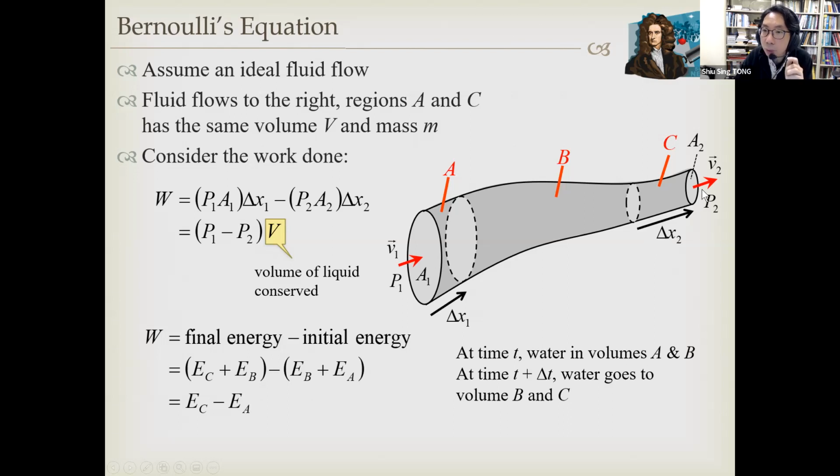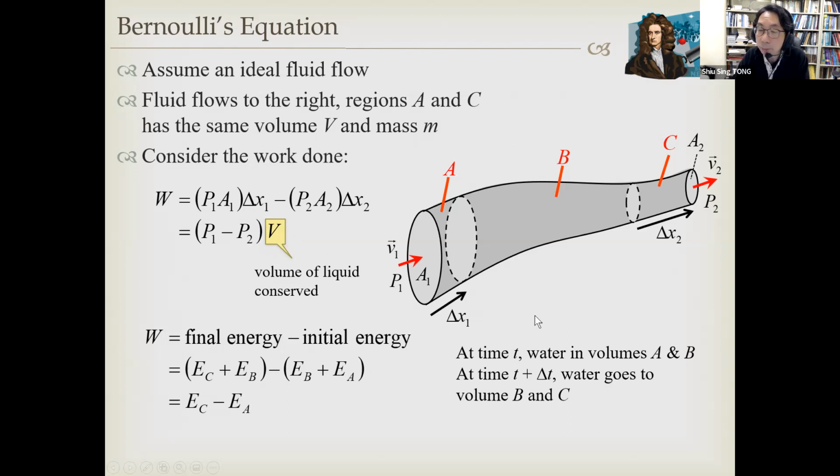That should be equal to A2 delta x2, which is the volume of liquid flowing out of the pipe, the volume in region C. This is nothing but the equation of continuity. We just consider a small displacement, so A1 delta x1 is equal to A2 delta x2. These are the two volumes, A and C, that are equal. So we extract this factor out, and this becomes P1 minus P2 multiplied by the volume V, inside A or inside C.